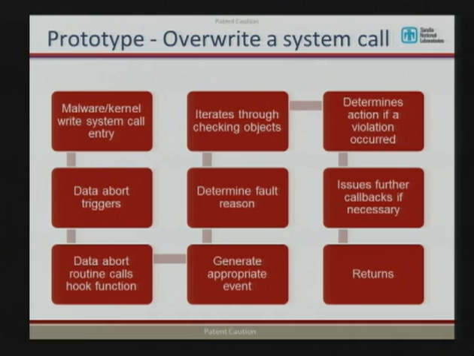Organization may be different, but the concept is the same. It's going to generate an appropriate event, in this case a platform event, take that platform event and convert it into a semantic event that can then be analyzed against the policy that's been put into the runtime engine. Determine the reason, go through a few objects. If nothing has been violated, you just go back to a sunny day. But if something has been violated, you can notify the policy domain or make any other callbacks if necessary, and then you pretty much return.